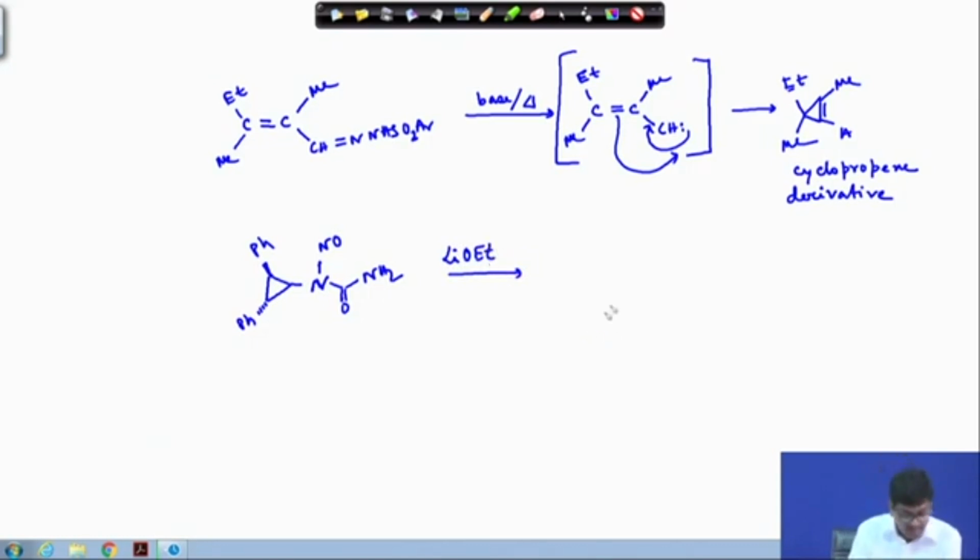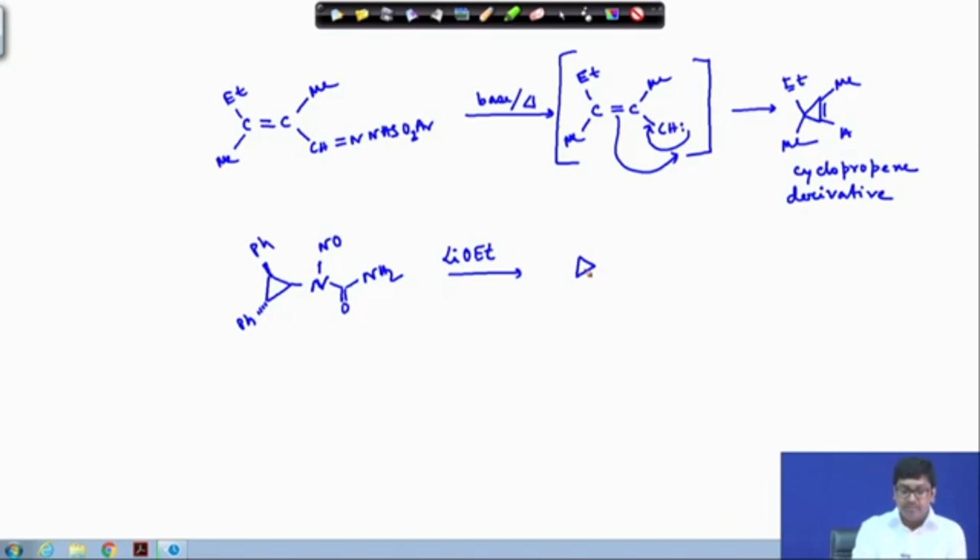then again this will generate. We have seen different procedures for how we can generate the carbene. There also we have seen how this N-nitrosourea derivative can form the carbene. So, these are very good precursors for the carbene.